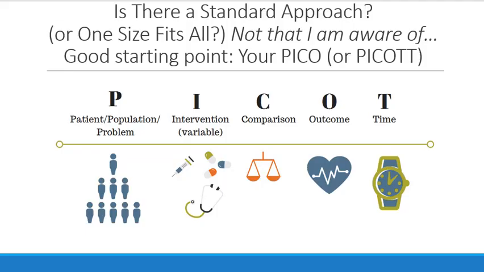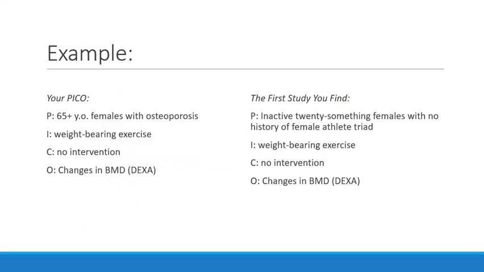So we talked previously about the PICO or the PICOT. This particular figure here includes that time component. Probably the vast majority of the time, people just talk about PICOs. So let's look at some examples here.